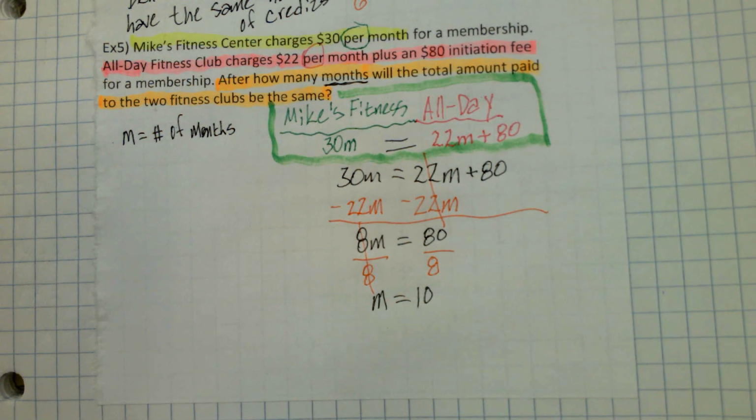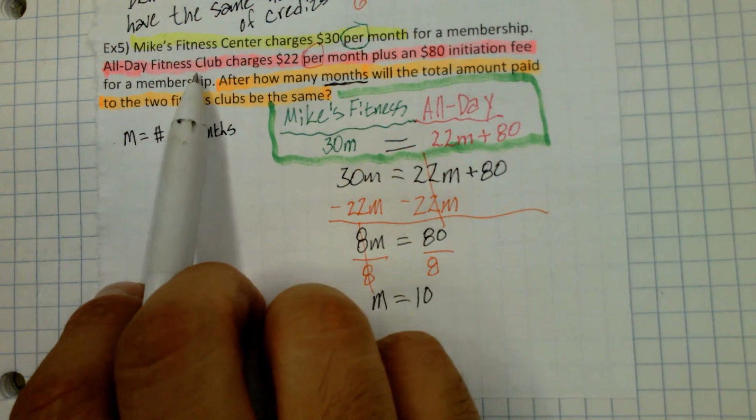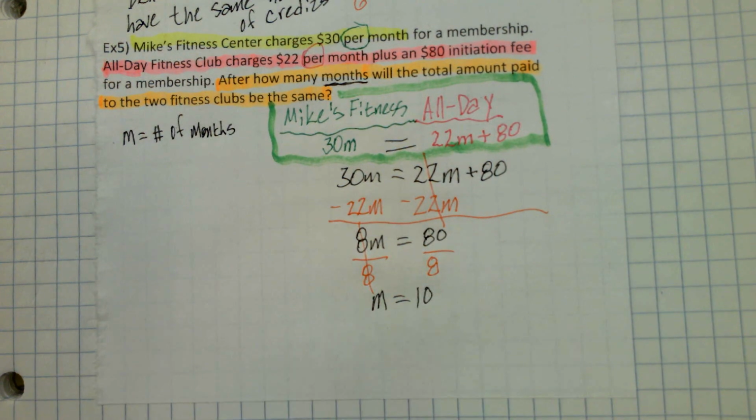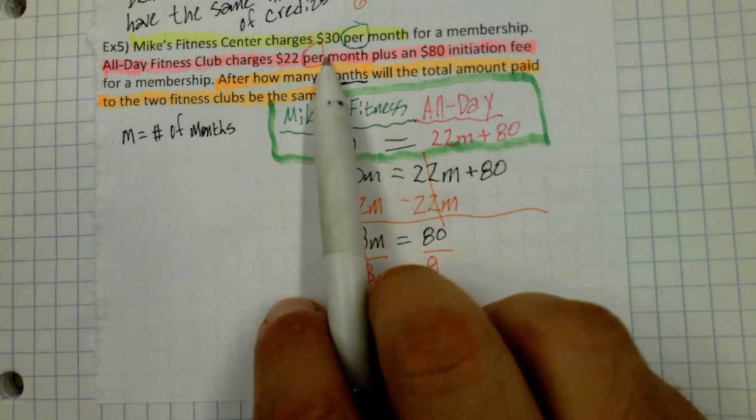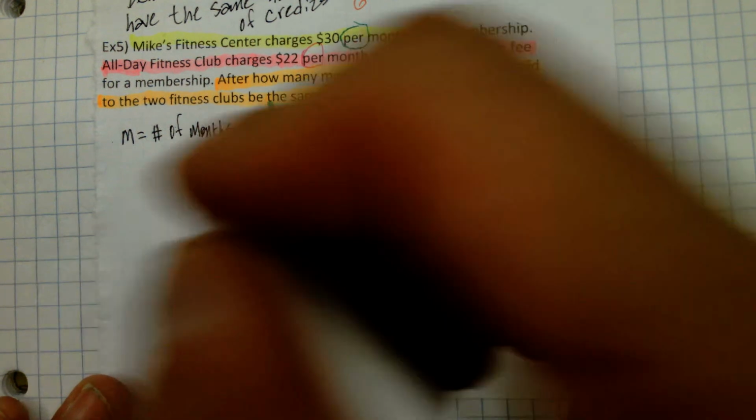After that, it's actually going to be cheaper if you're with All Day Fitness, because after that, you're only paying 22 every month, whereas Mike's Fitness will still charge you 30. So let's go ahead and write that down.